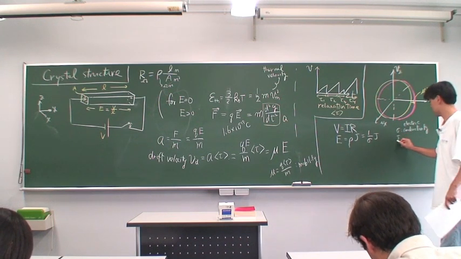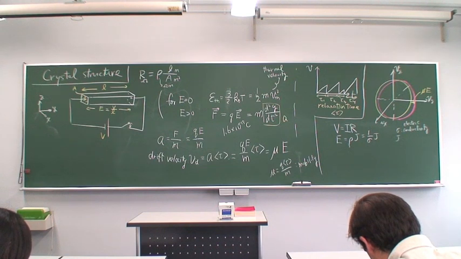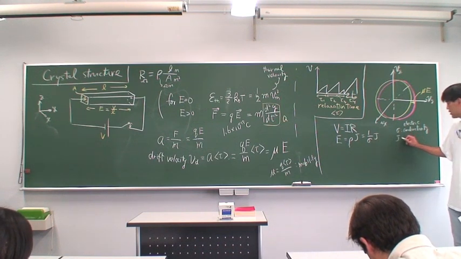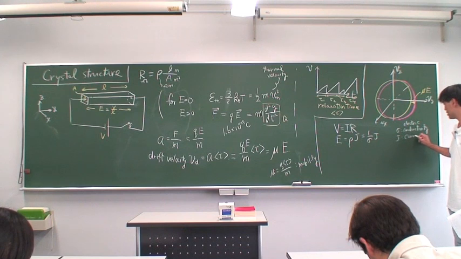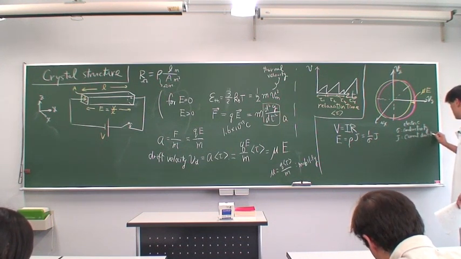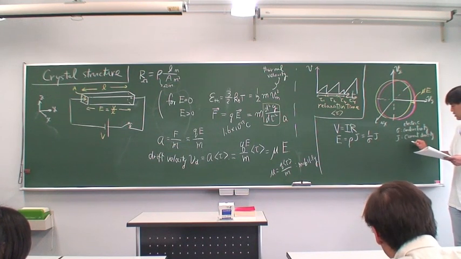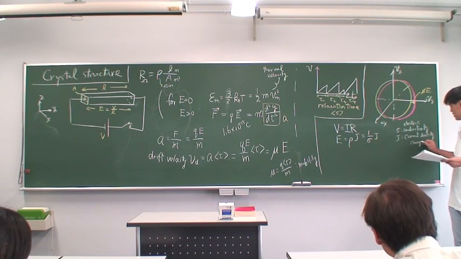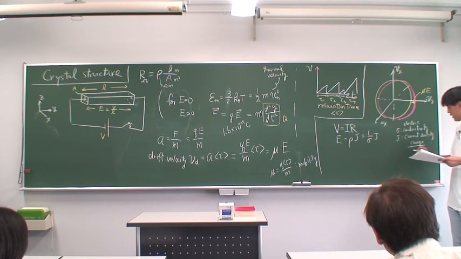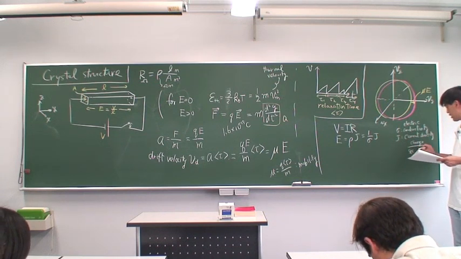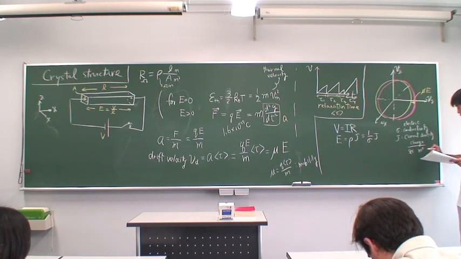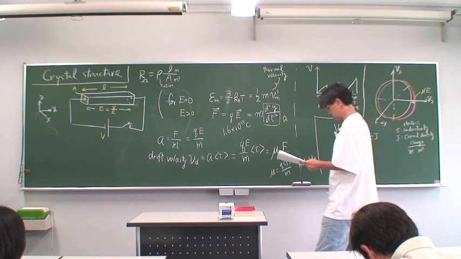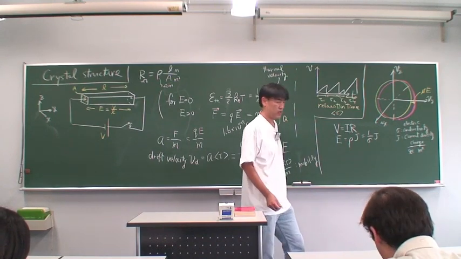And J, of course, is the current density. So that's given by the number of charges per second per millimeter square.